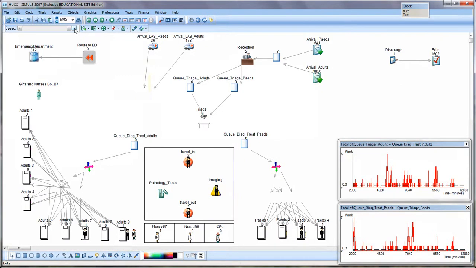At the end of this simulation model, which has just ended now, we noticed that 1,602 patients have been treated and discharged from the UCC. On the other hand, we have 312 patients that have been routed after triage to ED.